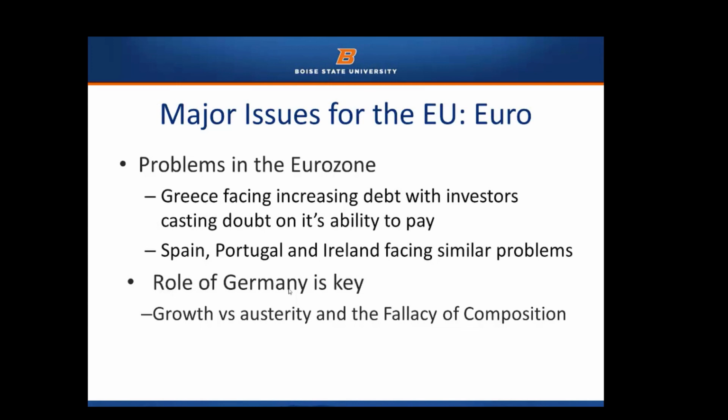Germany's economy is doing well, and it's able to, and has been willing to, finance a large part of the debt of the other members. So this has led to the growth versus austerity debate in the European Union.